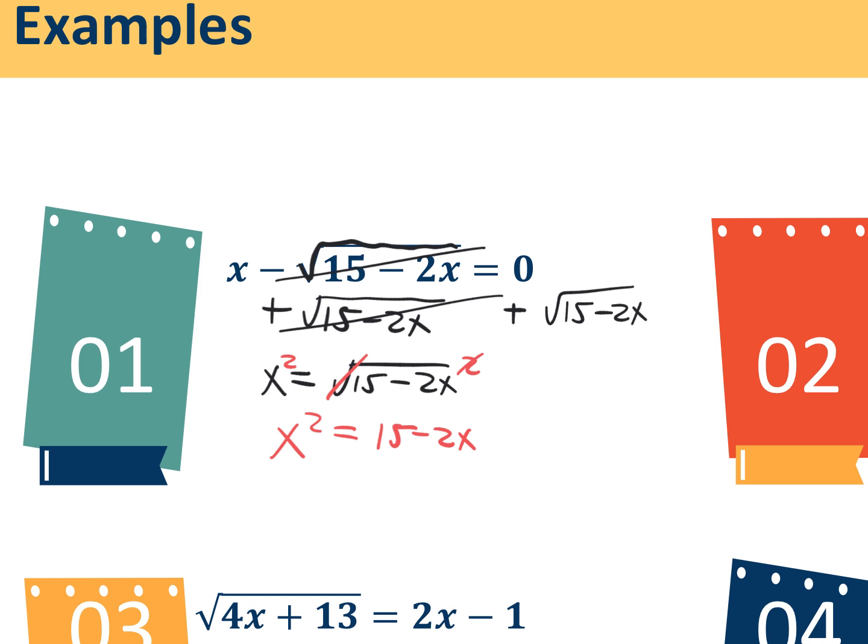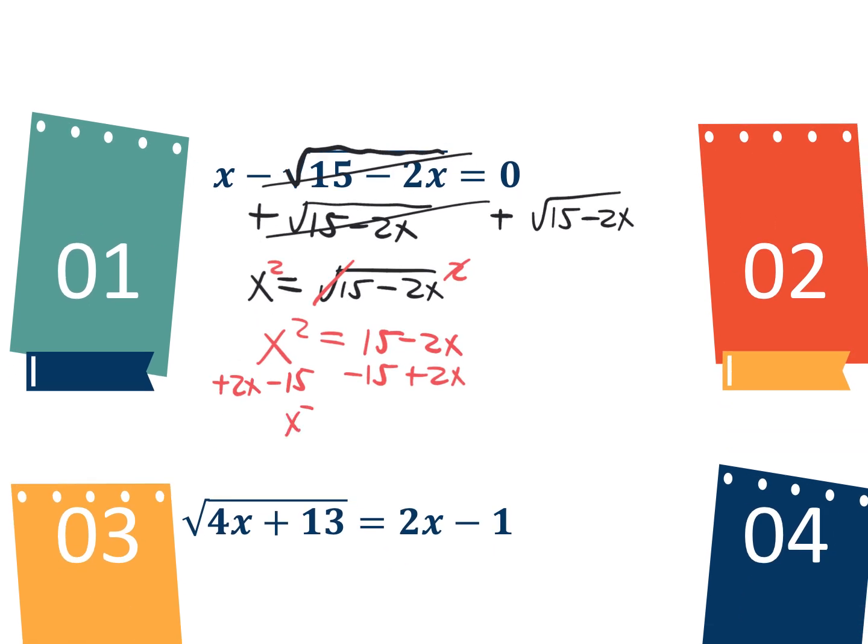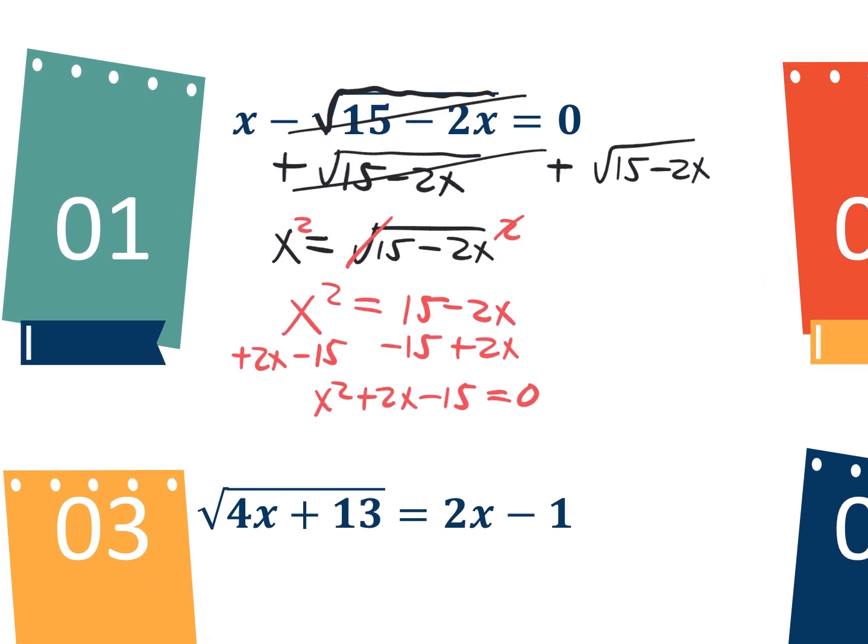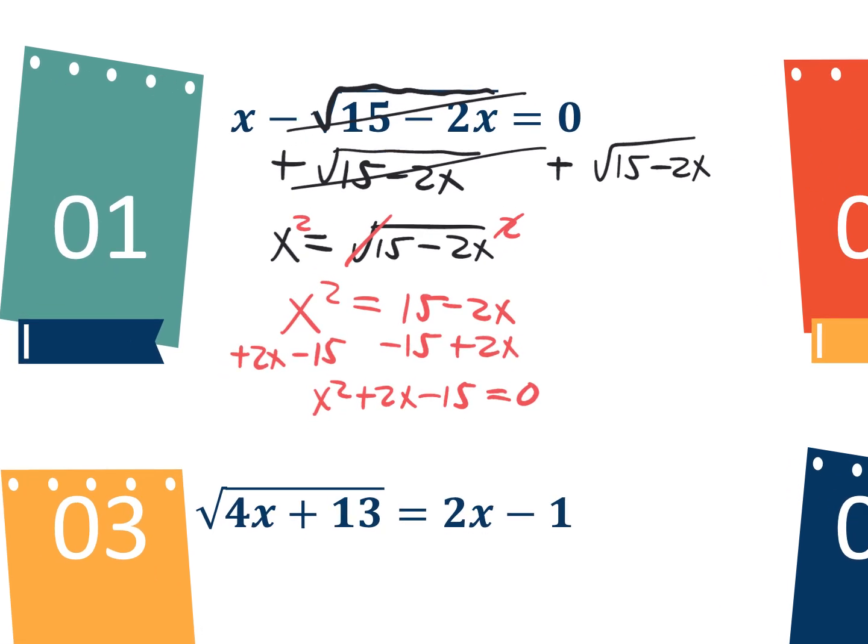Now, this looks like something that we're able to solve. We've done this about 100 times already. We have an x squared and x and a constant. Let's get everything to one side and set it equal to 0. So we should get x squared plus 2x minus 15 equals 0, and now it's just a quadratic in standard form that you're able to factor.